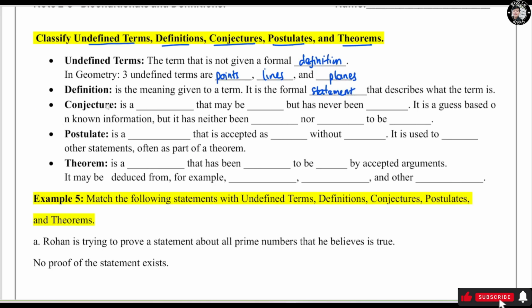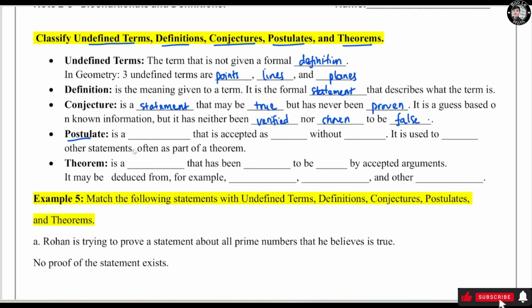Now, a conjecture is a statement that may be true but has never been proven. It is a guess based on known information, but it has neither been verified nor shown to be false. Now, postulate. A postulate is a statement that is accepted as true without proof.